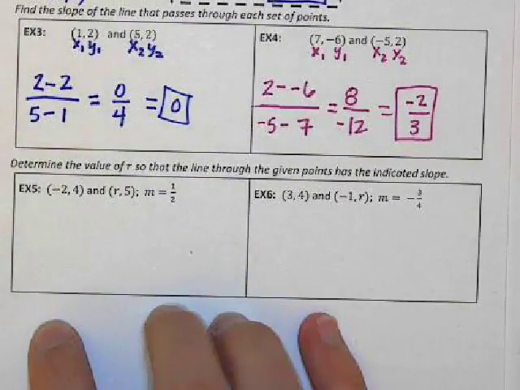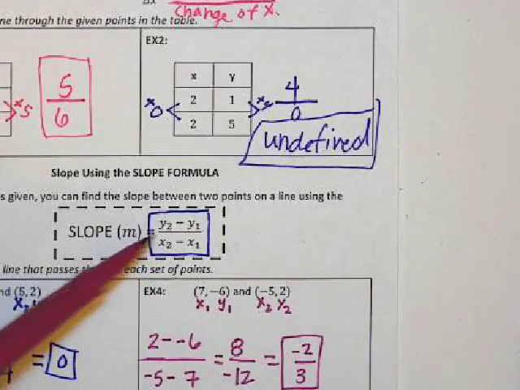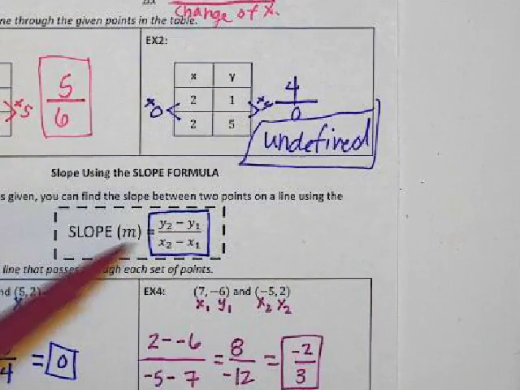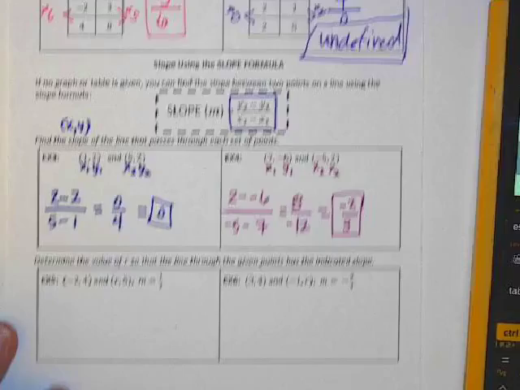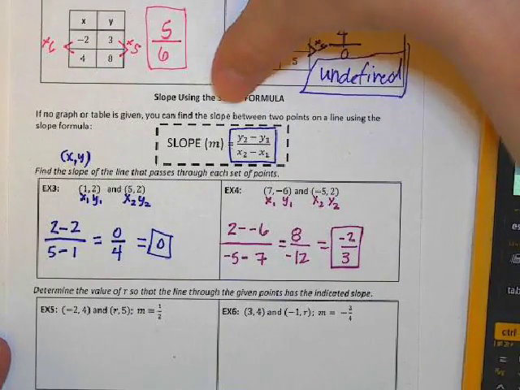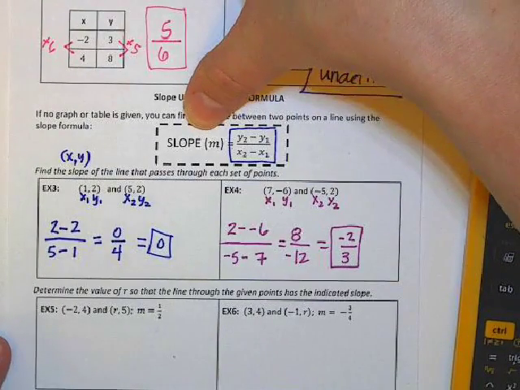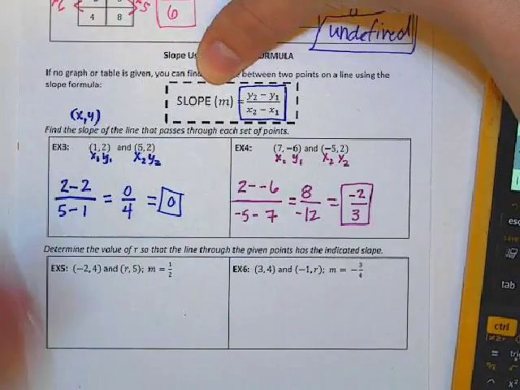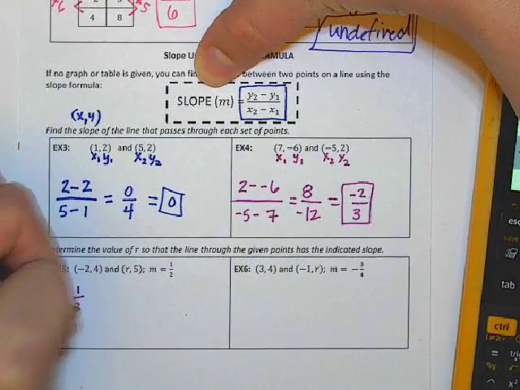So I'm going to set it up. I'm going to use this same equation, but now it's telling me the slope. So I'm going to use the same equation, and I'm going to use r for right now. Right here we start with our slope. Do I know my slope? Yes. What is slope? 1/2. So I'm going to start with 1/2 equals.